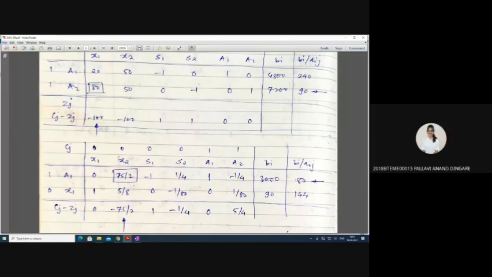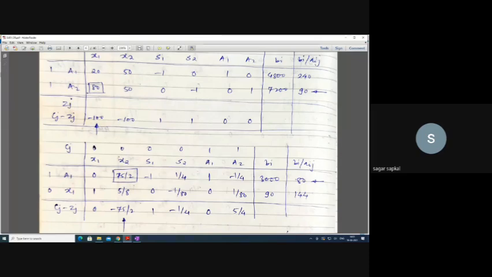Yes sir. Okay, now it is again not an optimal solution, so there is scope for improvement. Then you consider the maximum negative value of Cj minus Zj for selecting the key column. So that will be the x2 column. Am I right? After choosing the x2 column, you have to write Bi upon Aij values, and they will be 80 and 144.